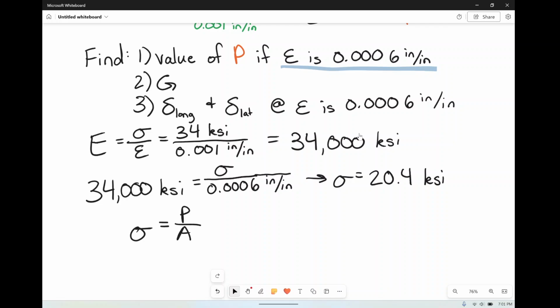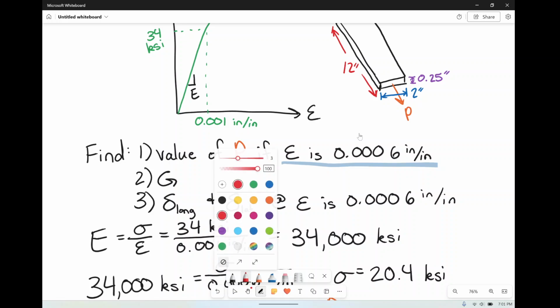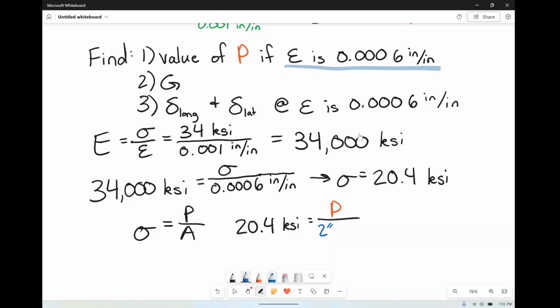So we have stress. We said our stress again was 20.4 KSI. And we have our force. We don't know it. It's P. He's what we want to find. Over the area, and the area is that 2 inch by 0.25 inch. So 2 inches by 0.25 inches.